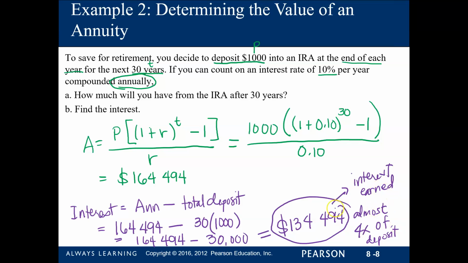So this is how annuity works, and that is why you have to be smart when investing your money or saving for your future. So make sure you understand how annuity works. Remember, you just spent this amount of money, but look at how much it earned over the years. So that's annuity when the interest is compounded annually. All right.